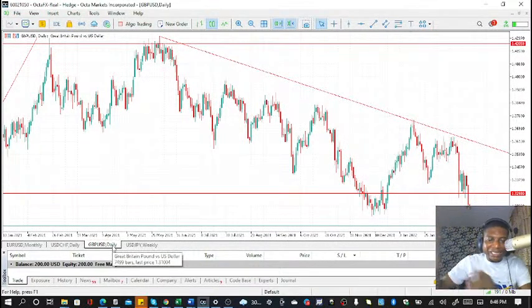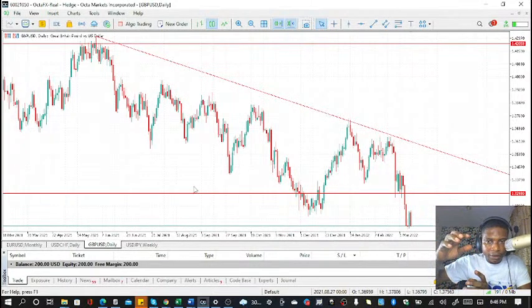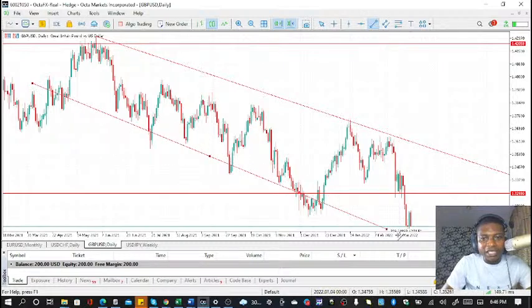Don't forget, we started from the monthly, to the weekly, and now we are at the daily. If you look at this trend, you will discover that it is a downtrend.